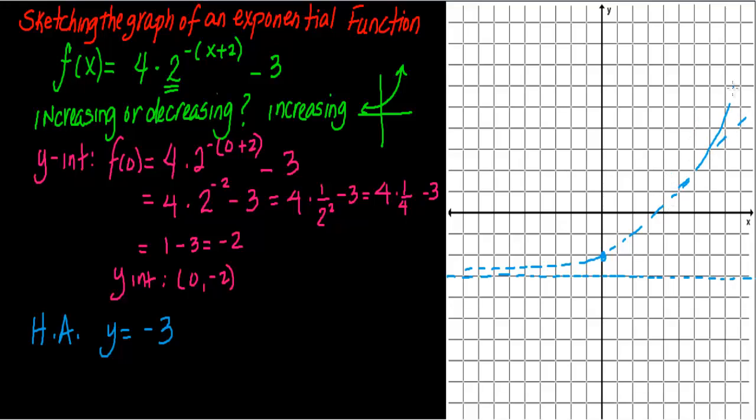This is just to help you, just so that you have an idea. Now, that's my reference. I'm going to reflect this graph across the y-axis because I have a negative here. So that means if I fold across the y-axis, I fold my paper the long way, this will reflect across this side. So this is what it's going to look like.